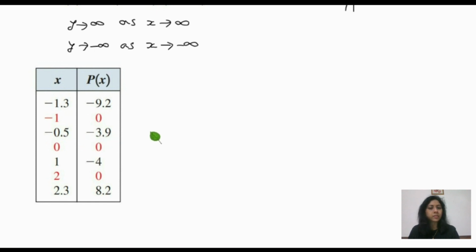It means the graph is below the x-axis. So when we get negative values, it means the graph is below the x-axis between zeros, between x-intercepts. And when we get a positive value, it means the graph is above the x-axis between zeros or x-intercepts. These points we can plot on the graph.